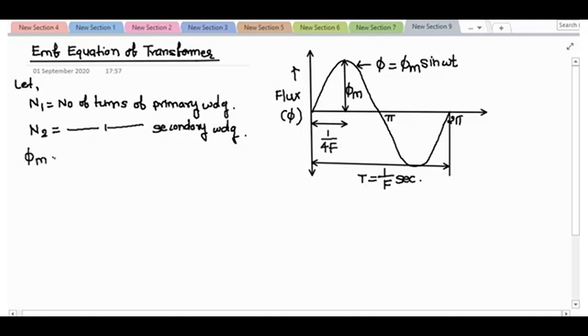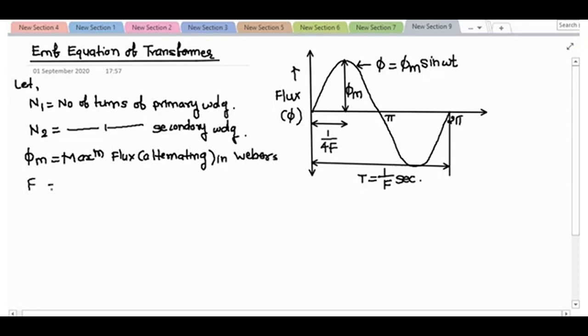Let phi m be the maximum value of flux which is alternating in nature, which is linking with both the primary and the secondary winding, in Webers.